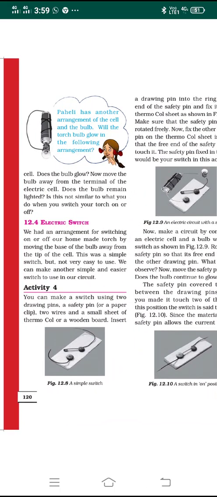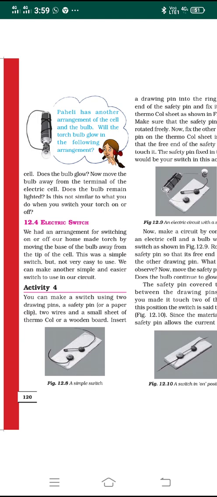Now the bulb glows. Now move the bulb a little away from the terminal of the electric cell. Does the bulb remain lighted?